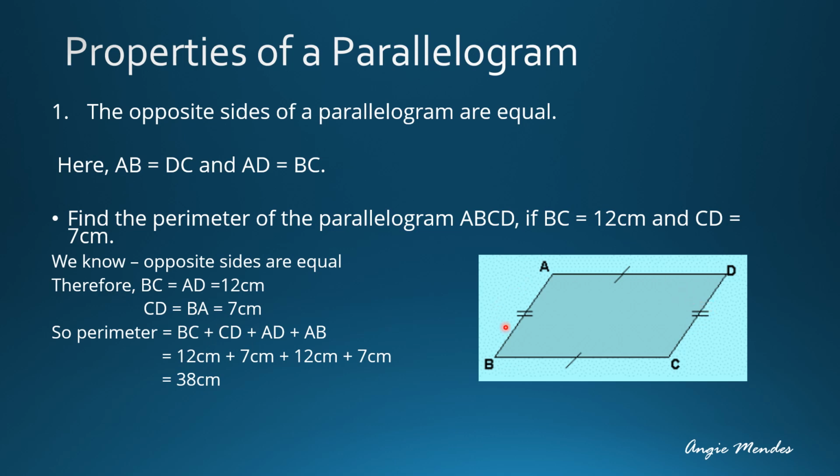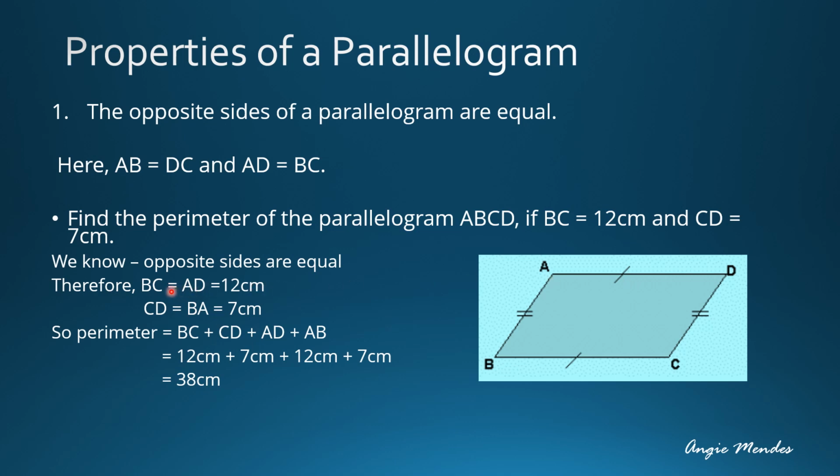Now, as per the properties of the parallelogram, we know that opposite sides are equal. Side BC is given. So we know since the opposite sides are equal, if BC equals 12 centimeters, AD also will be equal to 12 centimeters.